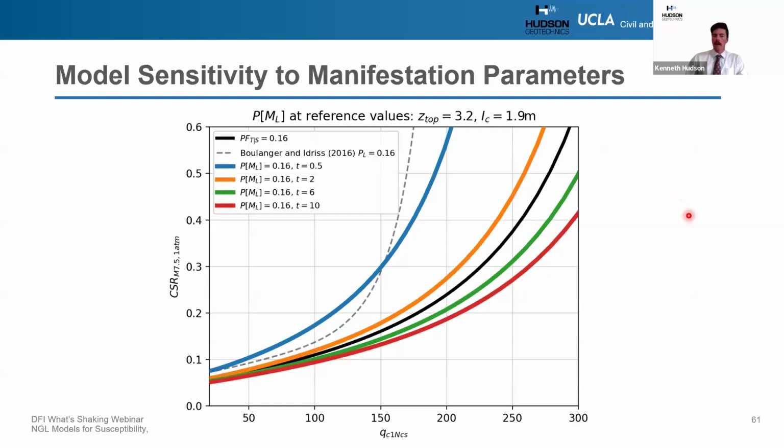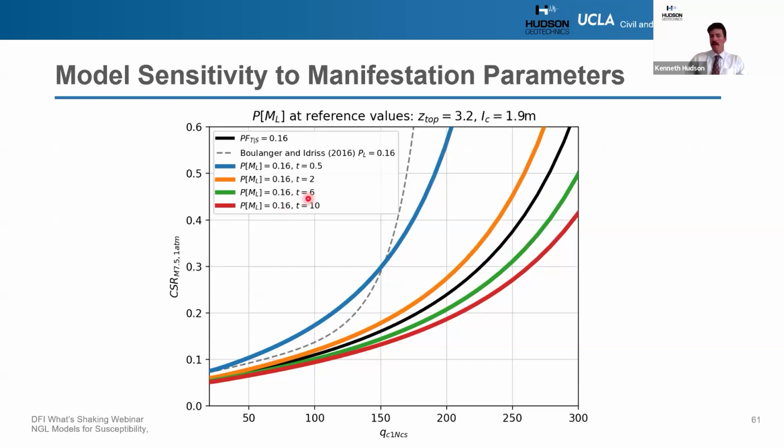And then we can also evaluate the thickness. As our thickness goes from 2 meters to 0.5 meters, as we're decreasing thickness, it takes a larger shaking to cause manifestation of that layer.